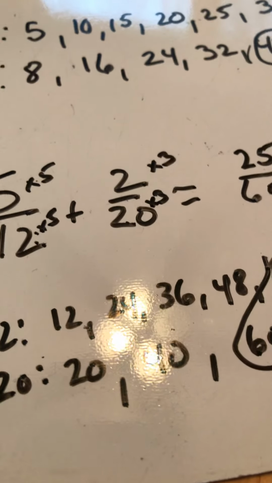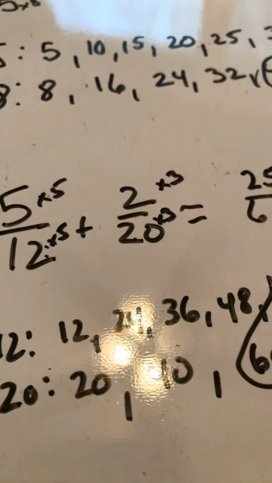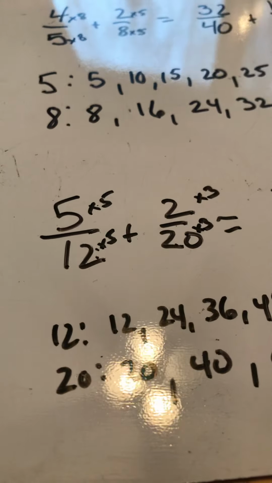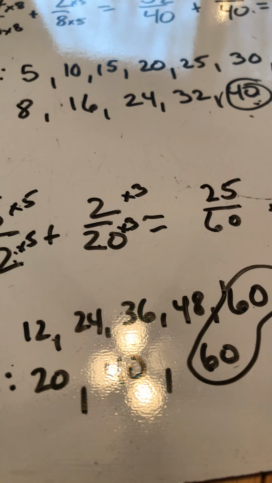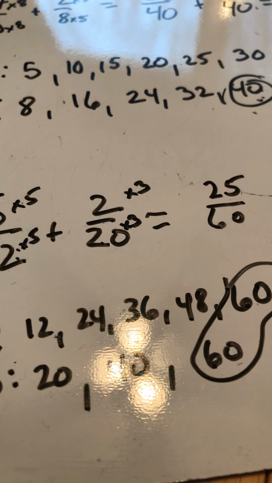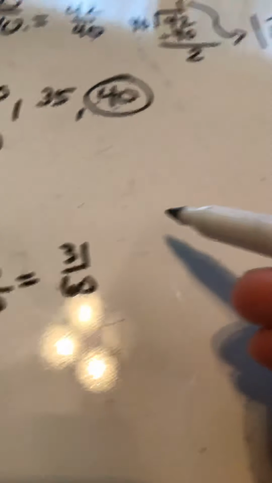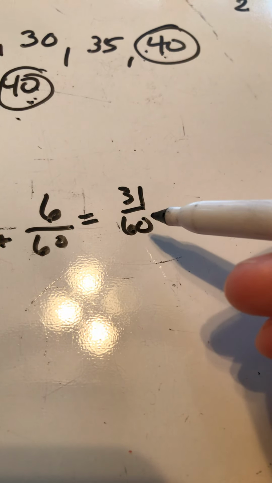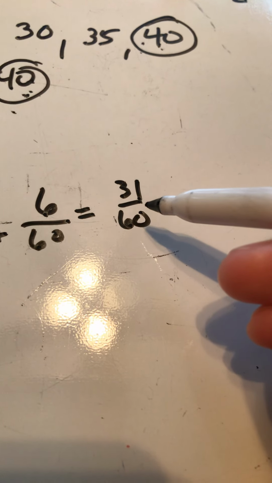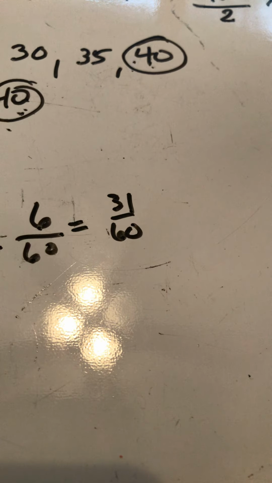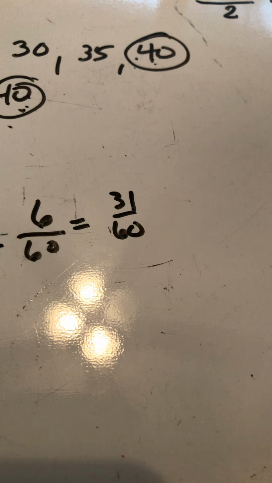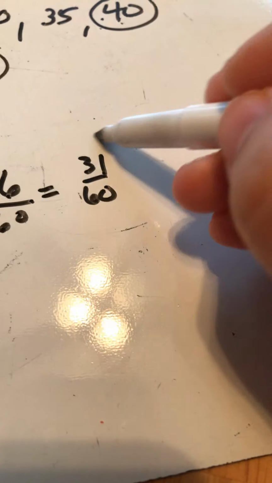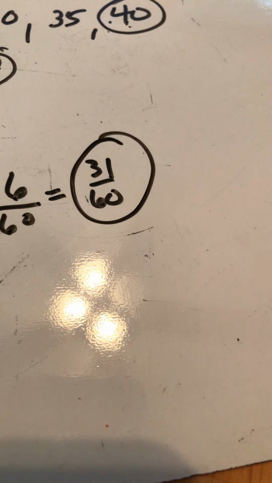And 2 times 3 is 6. So what we have here is going to be an answer of what? 31/60. Can I reduce this? I do not believe so. I believe 31 is a prime number, so the only thing that goes into 31 is 1 and 31. And I know that 31 does not go into 60. So our answer here is 31/60.